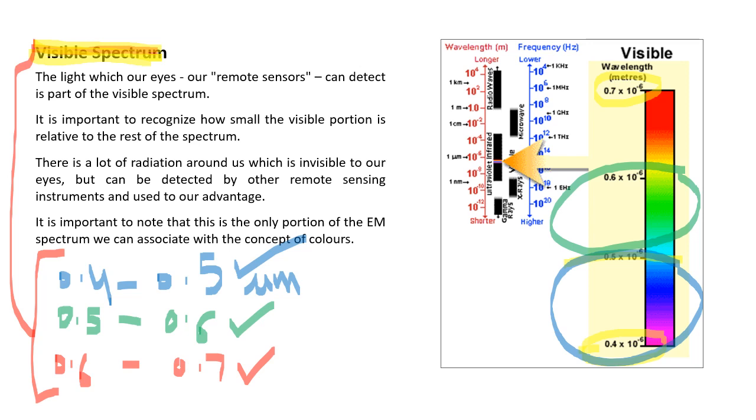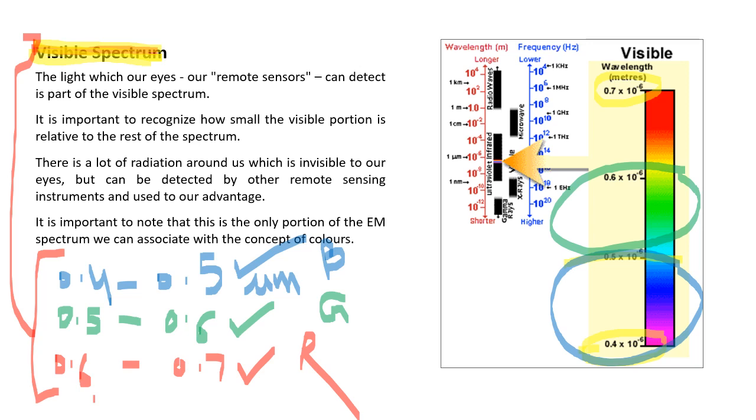If you divide the visible part, when you see the characteristics of the bands, you have to keep in mind that 0.4 to 0.5 is blue energy, 0.5 to 0.6 is green energy, and 0.6 to 0.7 is red energy.